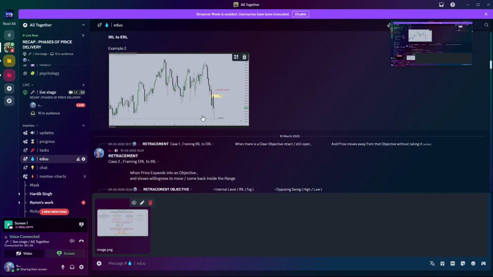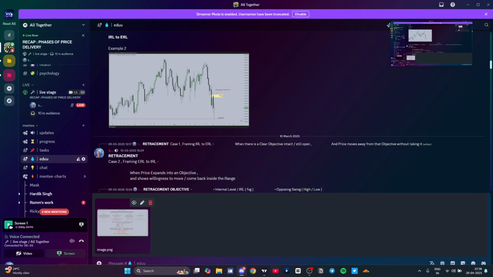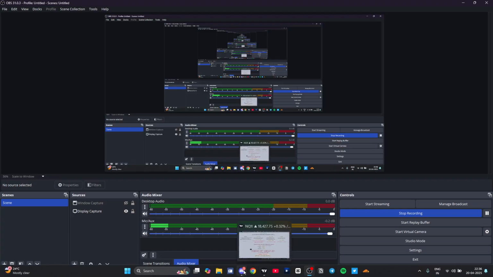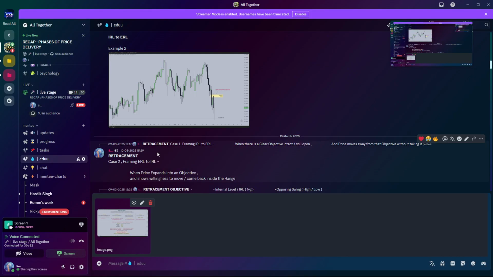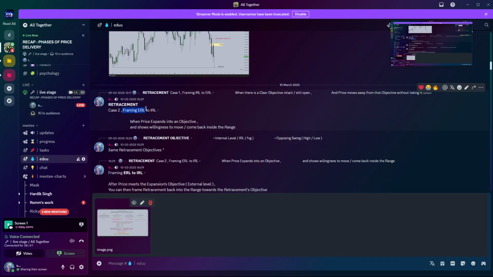Now, to show you another example, just a second. I won't try to explain the second case for retracement, when I do participate in retracement as well, as you people would get confused.